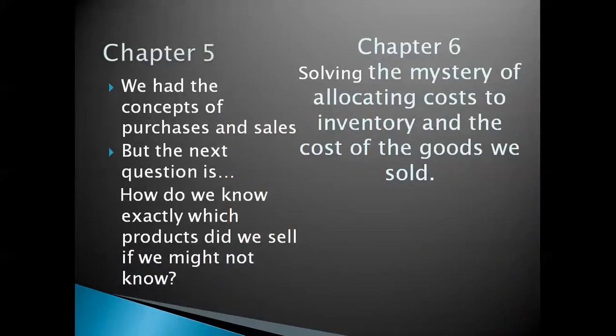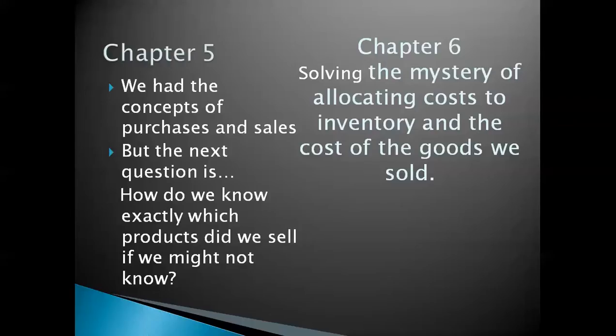In Chapter 5, we had the concepts of purchases and sales. If we bought products for resale and they came into our store, we would have one journal entry in which we would debit the merchandise inventory account, and credit either cash or accounts payable based on the financing or purchasing agreement we had with our vendors.